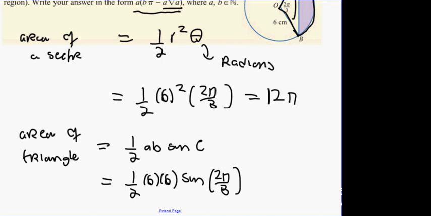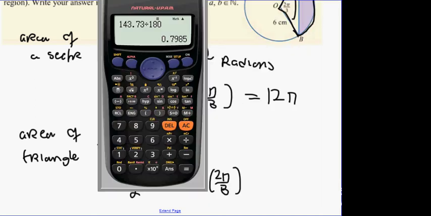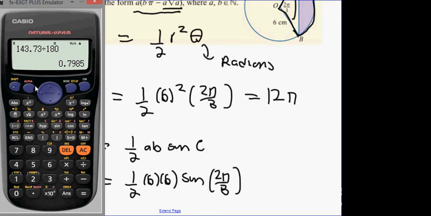Put it into radian mode. Once you have it in radian mode, what you can do then is a half, 6 times 6, then we're going to have sine 2 pi divided by 3, close bracket, 9 root 3. No need to turn that into a decimal.